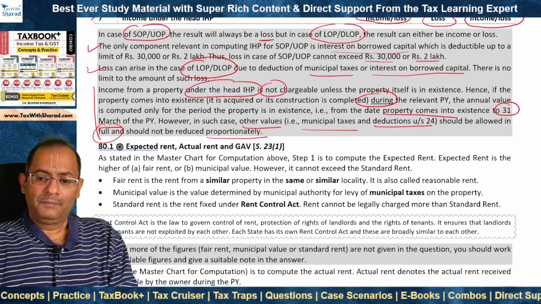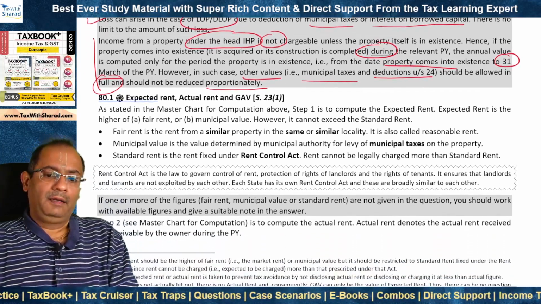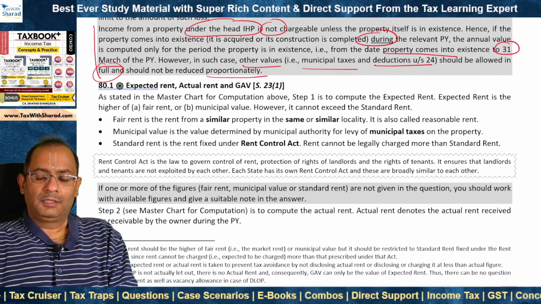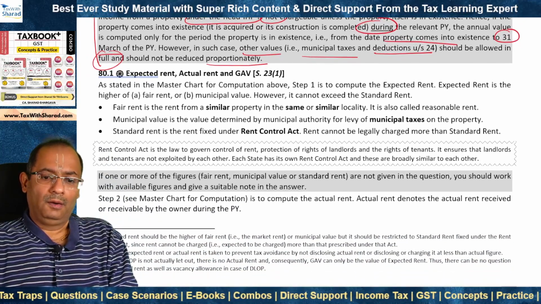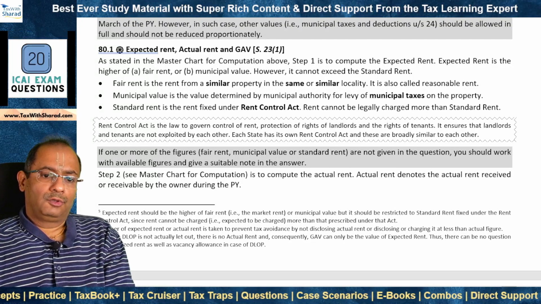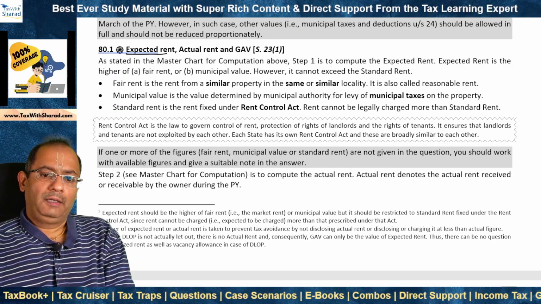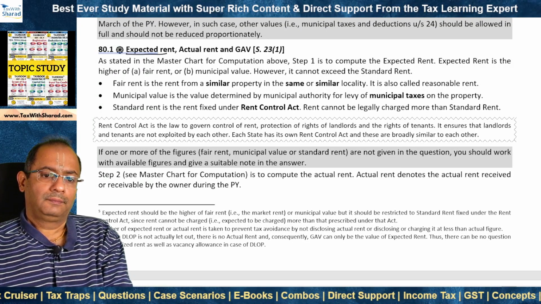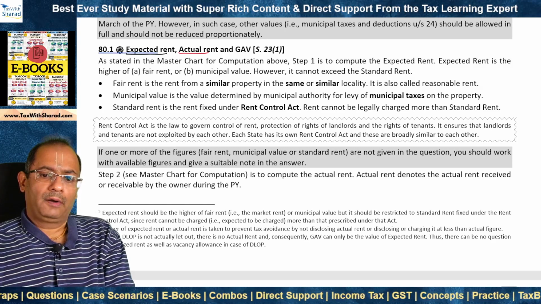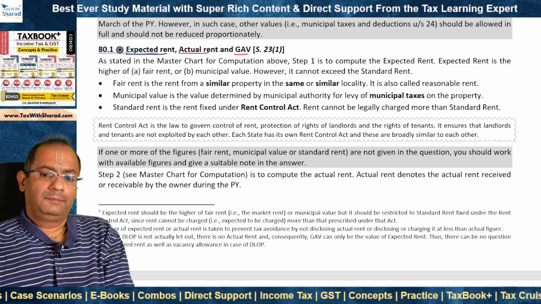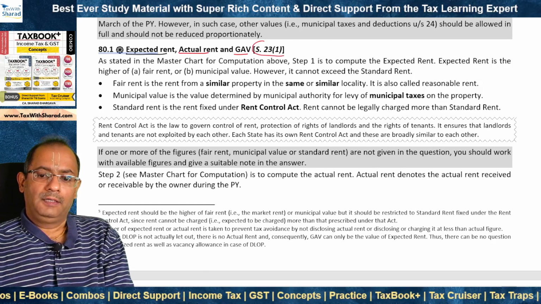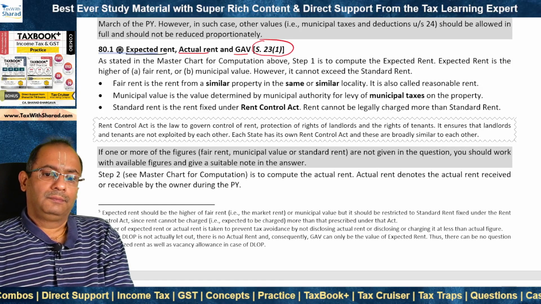Now we will discuss each of the items or elements that we have seen in this master chart for computation from here on. So first we look at expected rent, actual rent, and GAV, and the relevant section is section 23(1).